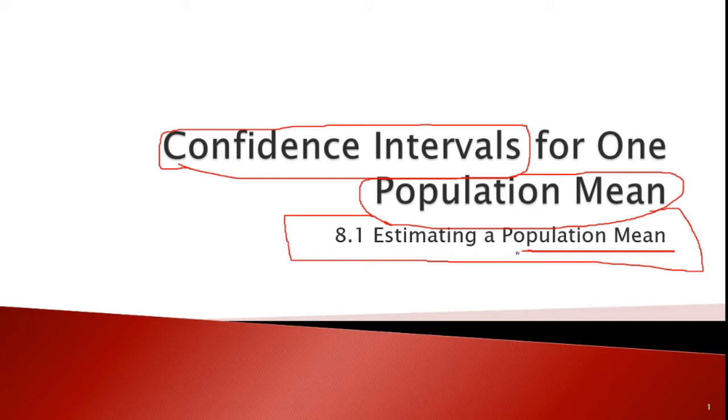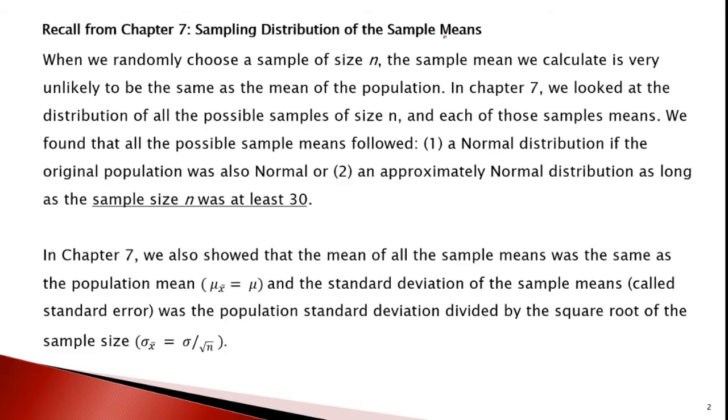As I mentioned in chapter 7, if you remember, we discussed the sampling distribution of sample means. Remember that this is not just a sample, this is about sample means. If we get a few samples and calculate the mean, this is x bar.